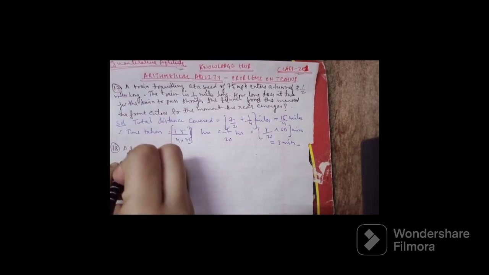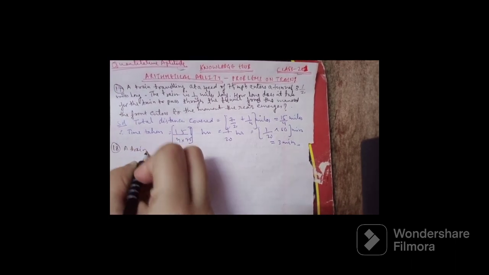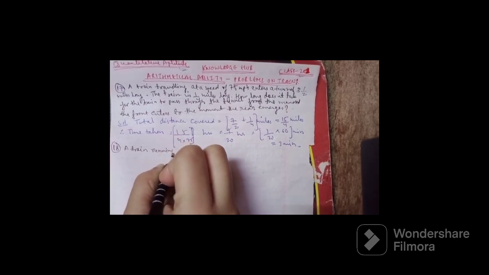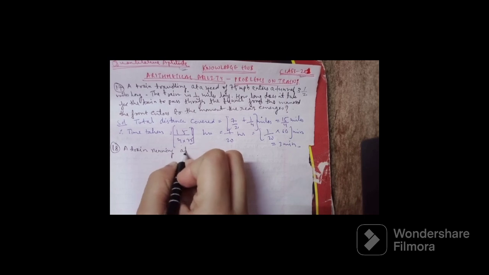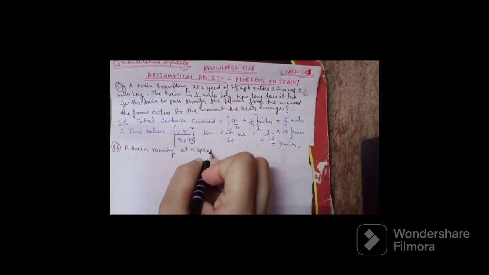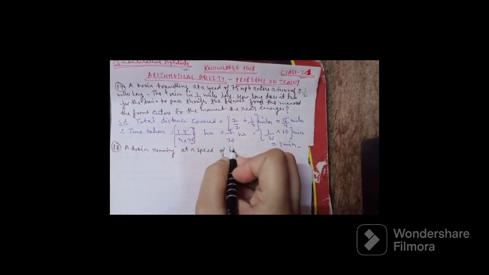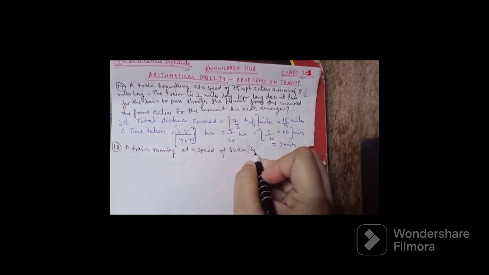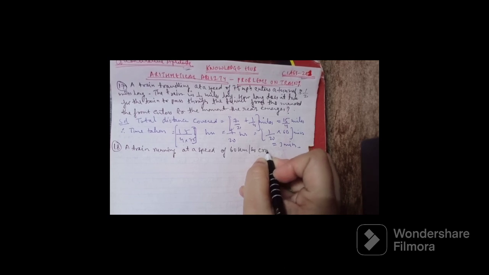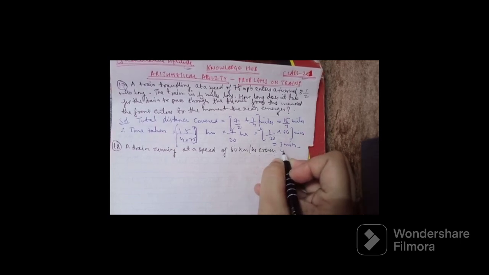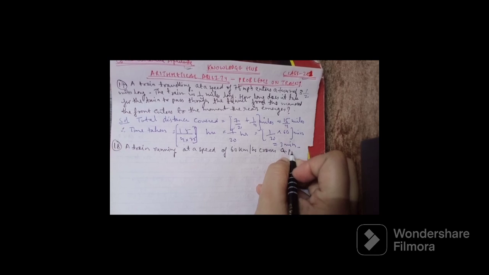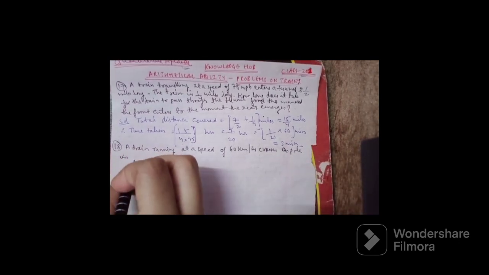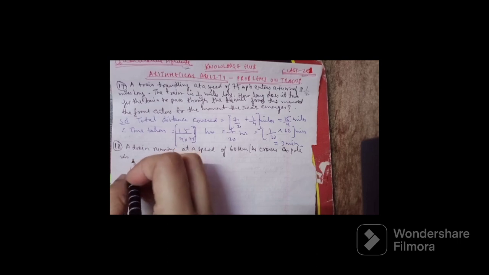A train running at a speed of 60 km per hour crosses a pole in 9 seconds.